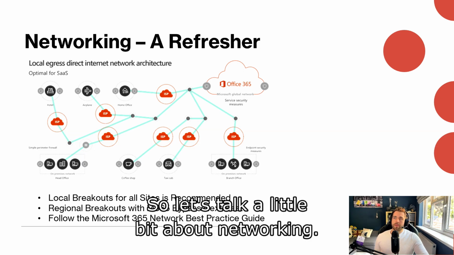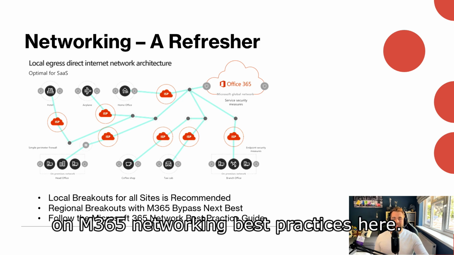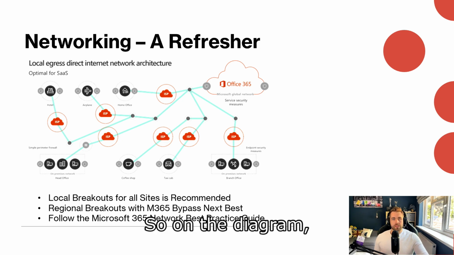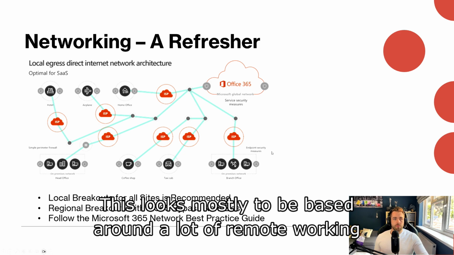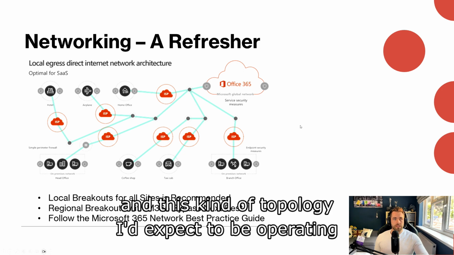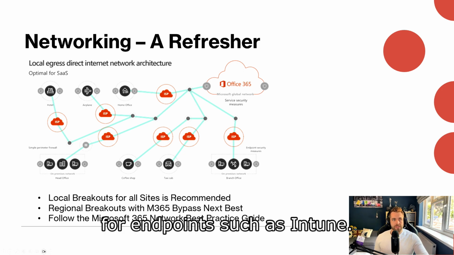So let's talk a little bit about networking, and we're going to refresh our memory on M365 networking best practices here. On the diagram, you can see here that there's a complicated network. This looks mostly to be based around a lot of remote working, and this kind of topology I'd expect to be operating a zero trust model and using modern management for endpoints such as Intune.